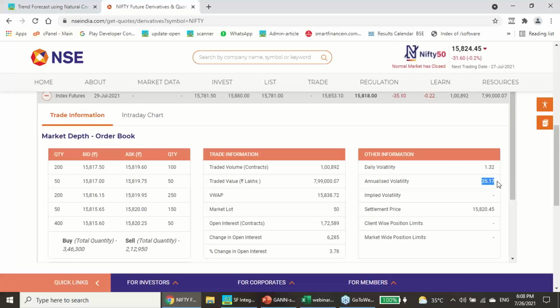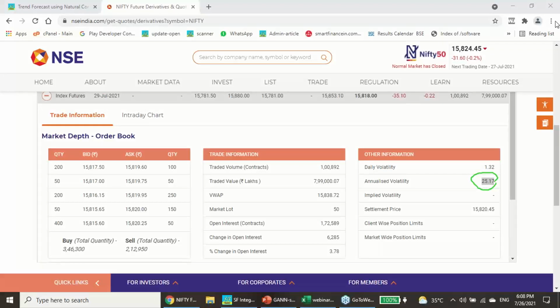Though this volatility is not a correct estimate, as it has taken the past 365 days of data, we do not have this 25.17 volatility now; Nifty has far lower volatility. However, if you do not know how to calculate volatility, you have to rely upon this figure.